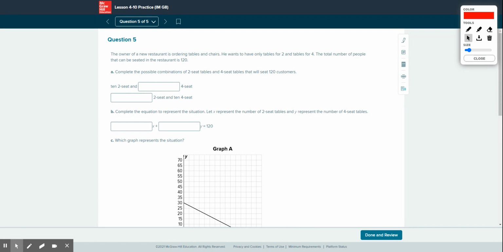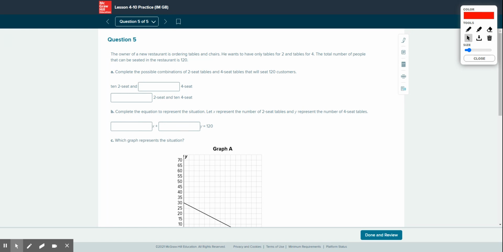Why did we put 2 times X here and 4 times Y here? The whole reason for that is because of the way that it was introduced in the problem. We have tables for 2 that was listed first, and in the ordered pairs, X comes first, followed by Y. So that means that 2-seat tables are the X-axis. They are the independent value. And 4-seat tables are the dependent value.